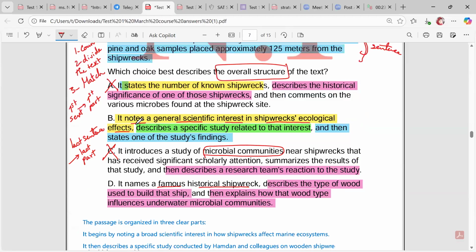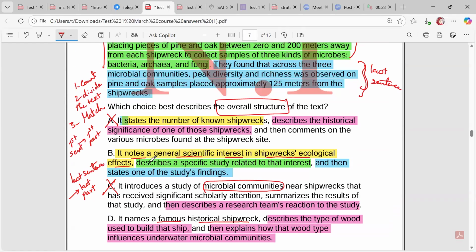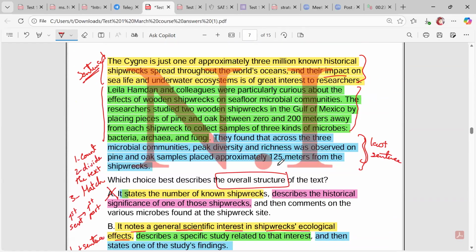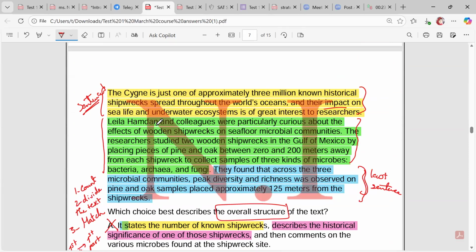What will make me go for a certain answer is making sure the other parts are right. Here the second part describes a specific study related to that interest. Is it saying a study? Yes: Leila and colleagues were particularly curious about the effects of wooden shipwrecks on seafloor microbial communities. The researchers studied 2 wooden shipwrecks.